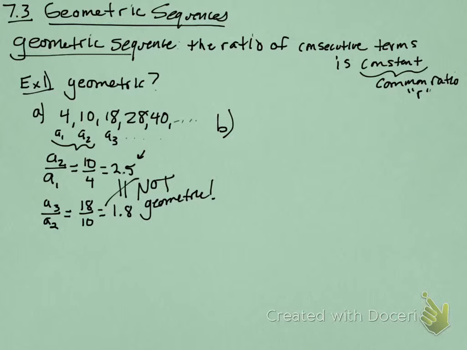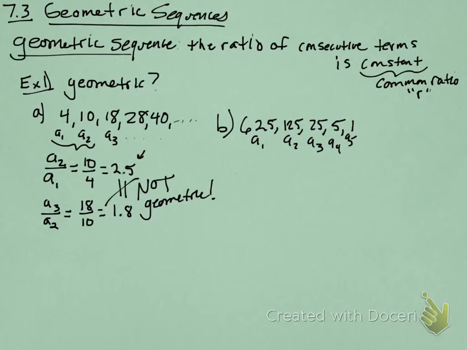For B, let's say I start with 625, then go down to 125, then 25, and then 5, and then 1, and there it ends. Here's my first term a1, second term a2, third term a3, fourth term a4, fifth term a sub 5.